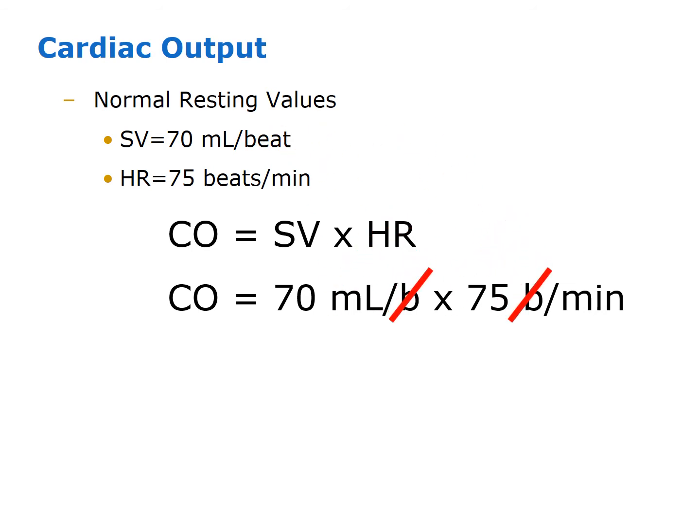The beats cancel out, leaving 5,250 milliliters per minute as the cardiac output. The body contains roughly 5 liters total blood volume, which means that the heart pumps roughly your total blood volume every minute.